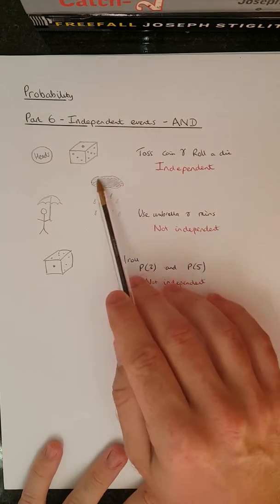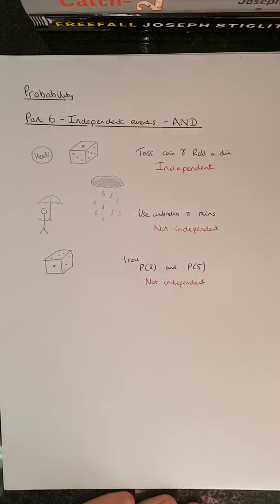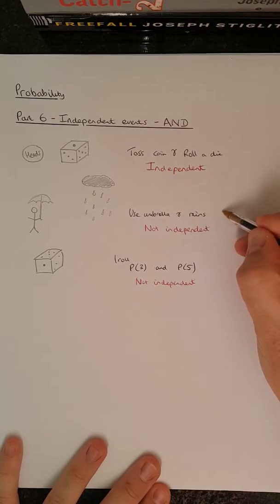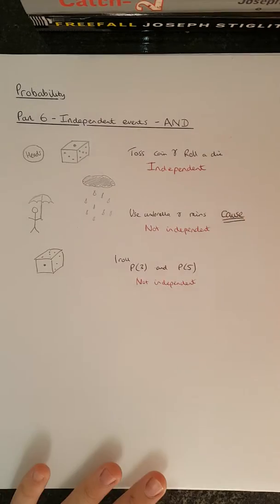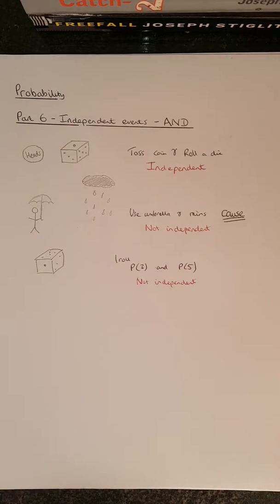What was the impact of the rain on the umbrella situation? Well, if you've watched the videos on probability, you'll have heard the word causation. In this situation, it's likely that the rain causes a change in the probability of the umbrella.